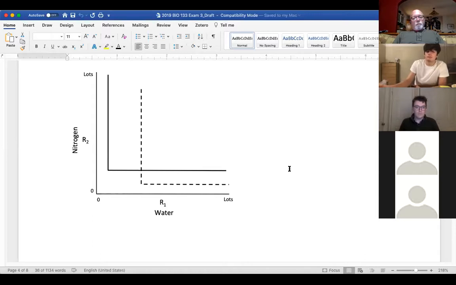Would the dotted line be the C4 grass? So the dotted line needs a lot of what? Oh, sorry, I meant the dark line. Okay, explain why.